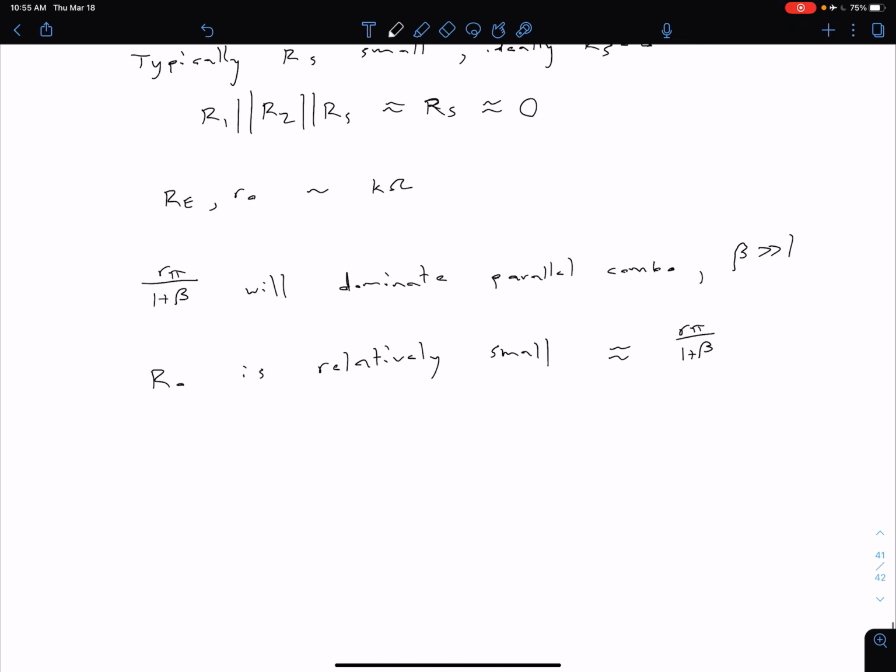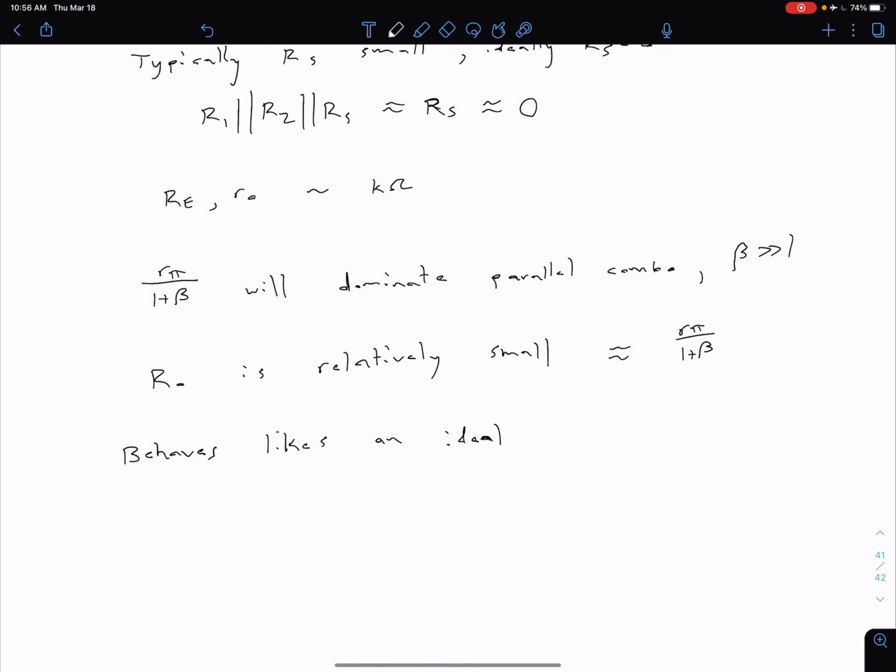And so this means that our common collector amplifier, or our emitter follower, is behaving like an ideal voltage source. What I mean by behaves like an ideal voltage source is that it's not being loaded down as we change our load. Rather, our output voltage isn't a strong function of our load resistance.